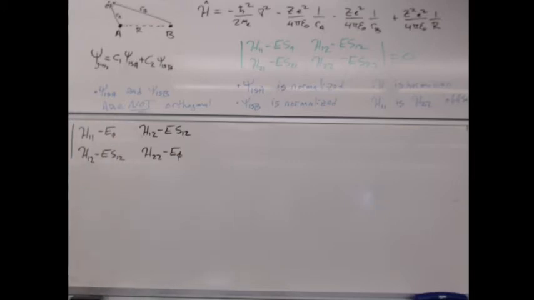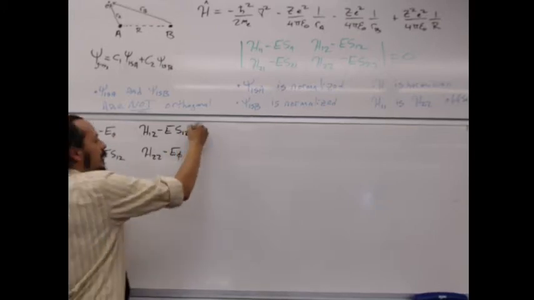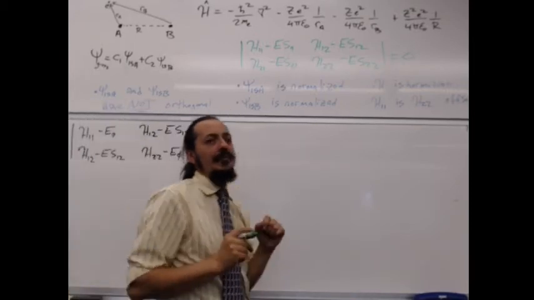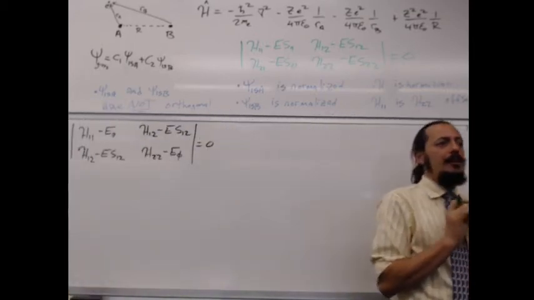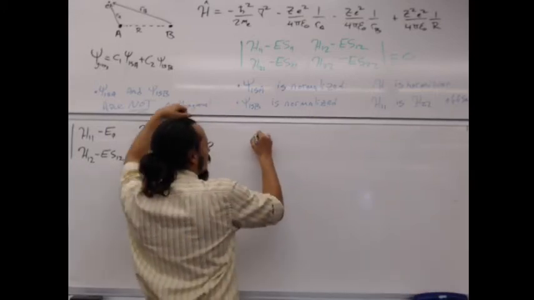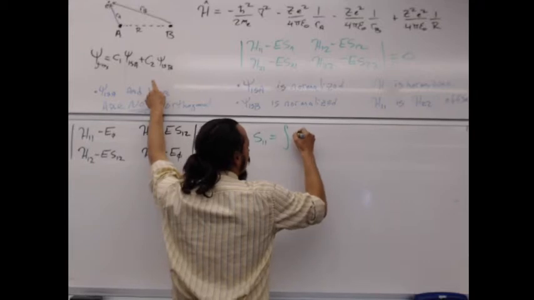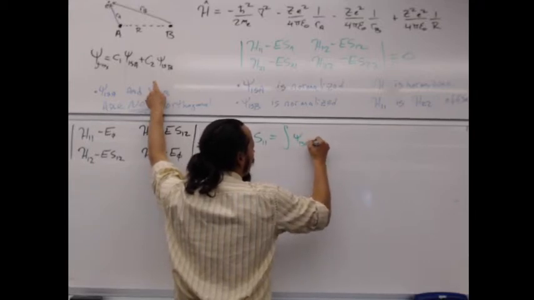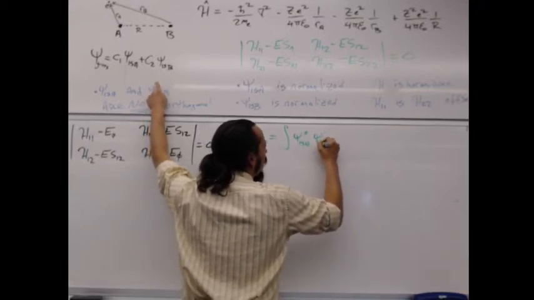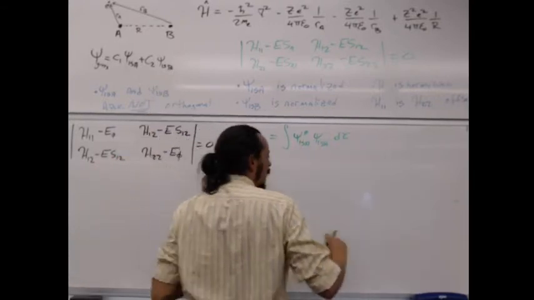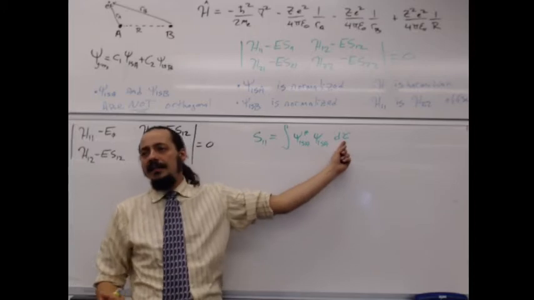So let's talk about some of the simplifications I just did. Let's talk about integral S11, and let's remember what that notation is representing. S11, in this case, would be the integral of psi 1sa star psi 1sa d tau. This would be, if you wanted, r squared sine theta dr d theta d phi.